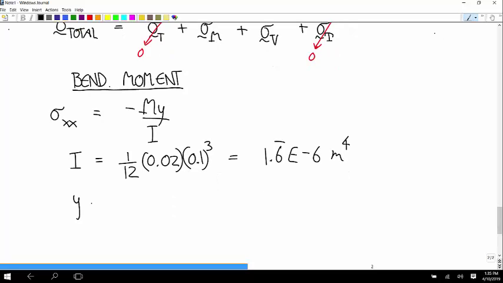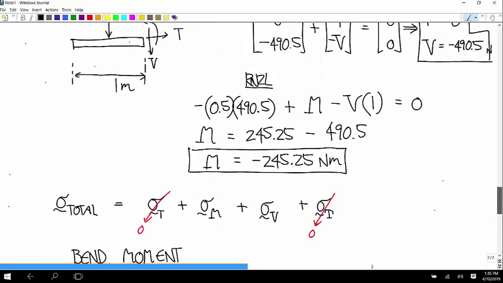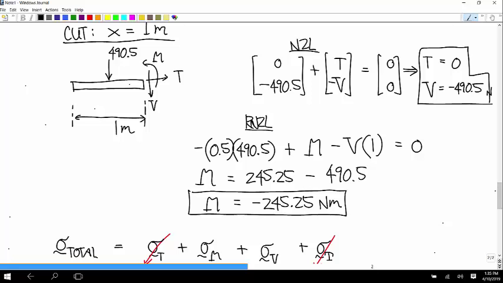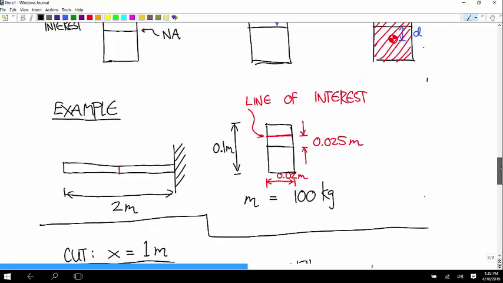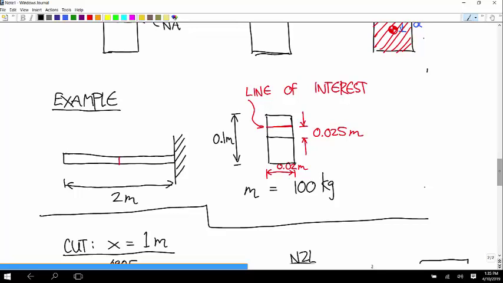The y that we're interested in is, y equals 0 is at the neutral axis, so y is positive 0.025.